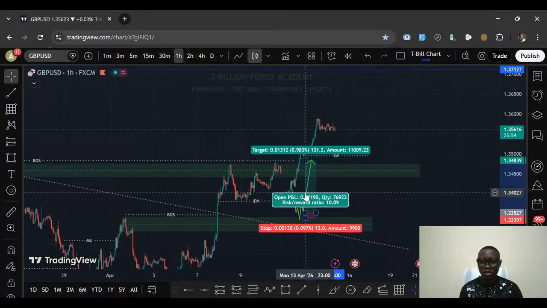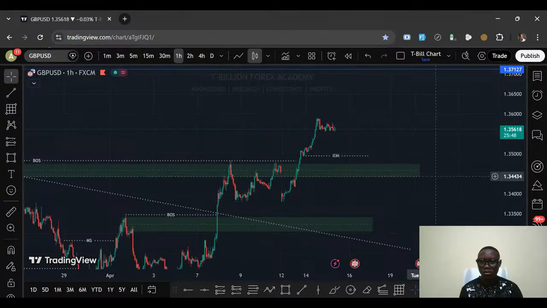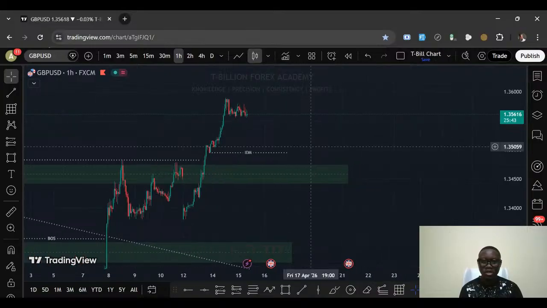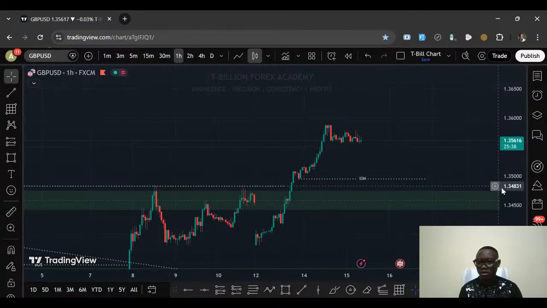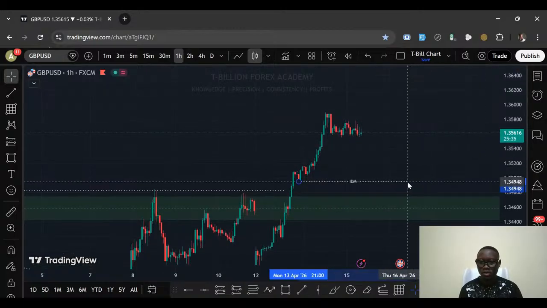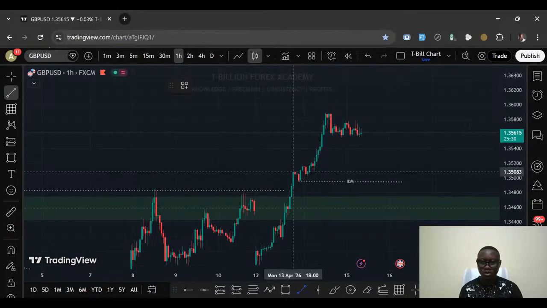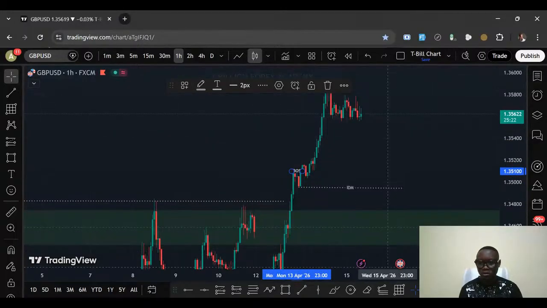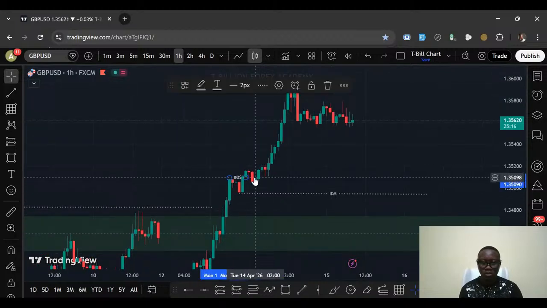Okay, let me take this guy out since price didn't get there. All right. So on the 4H time frame, let's read the price action. Let's look at the market structure on the 4H time frame. Okay, so we have this break of structure right here. We have the break of structure. We have this break of structure right here.